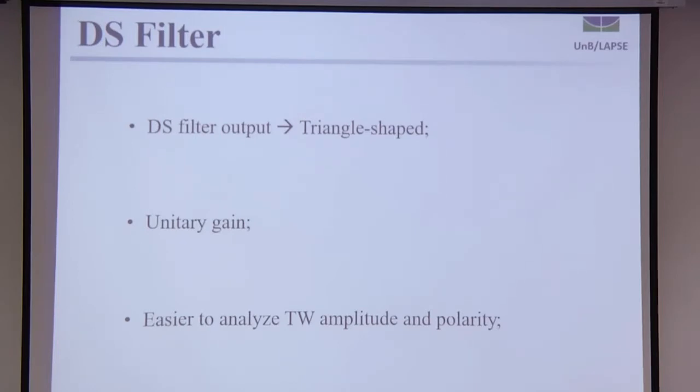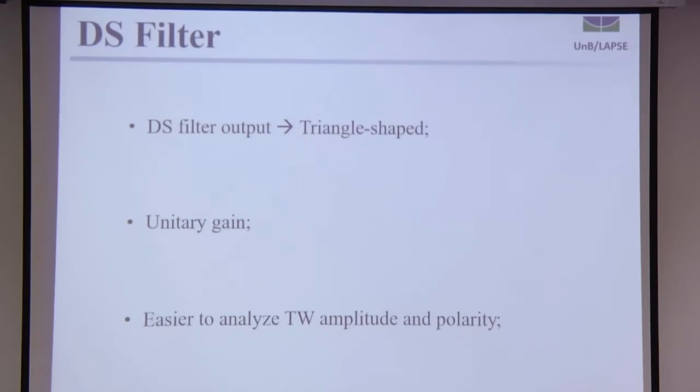step changes appear in the current and voltage signals, and the DS filter uses these step changes to obtain the TW's amplitude. A characteristic of the DS filter is that its output has a triangular waveform in response to input step changes.